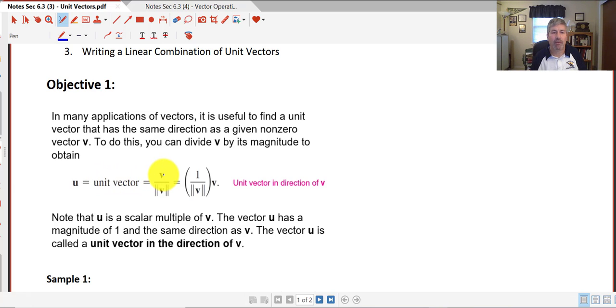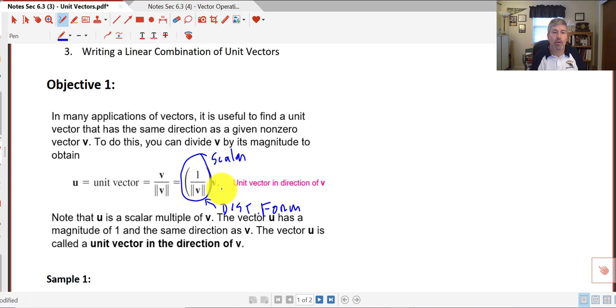So our unit vector is equal to our vector v divided by the magnitude of v. Or, writing it in a different format, 1 over the magnitude of our vector v, and think here the distance formula, times our vector v, where really this 1 over the magnitude of v, I see this as becoming a scalar of v.